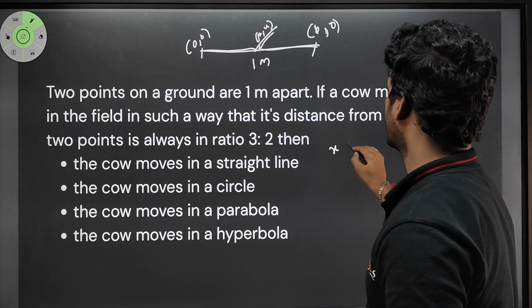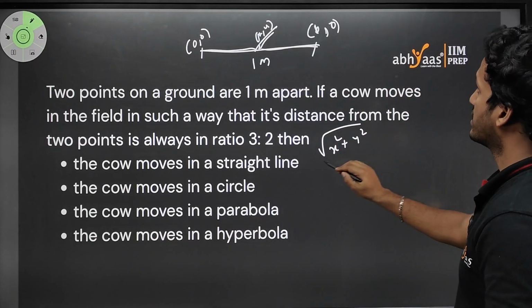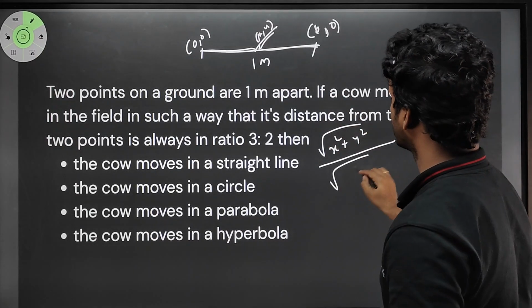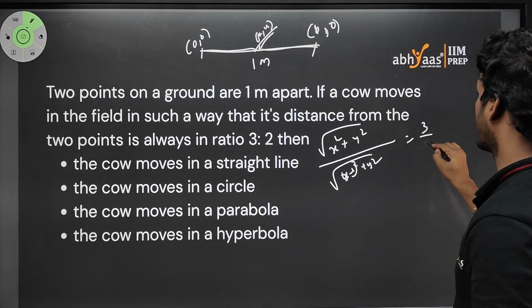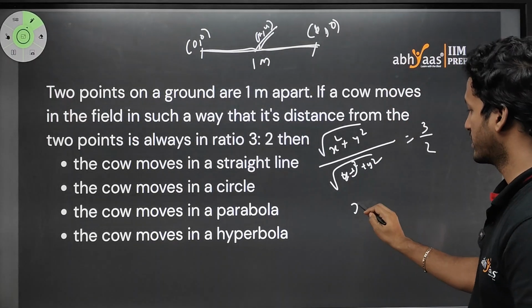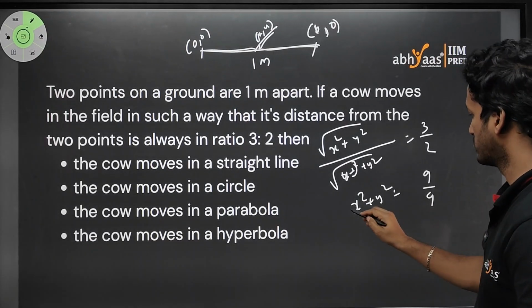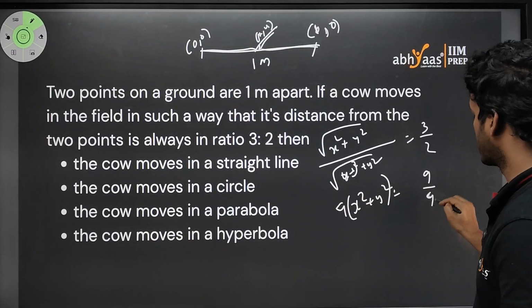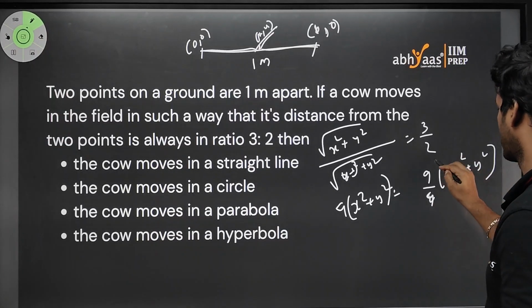So the square root of x square plus y square divided by the square root of x minus 1 whole square plus y square is equal to 3/2. Squaring on both sides, we get x square plus y square is equal to 9/4 times x minus 1 whole square plus y square.